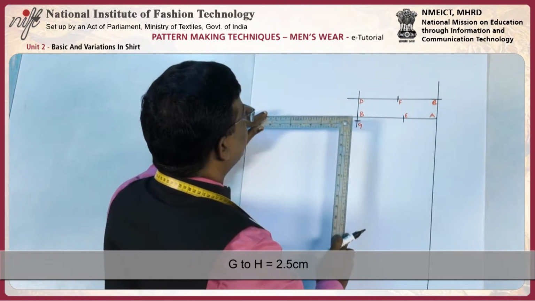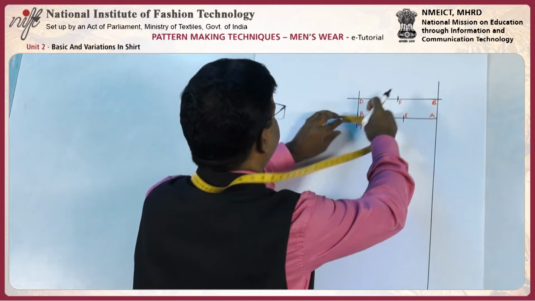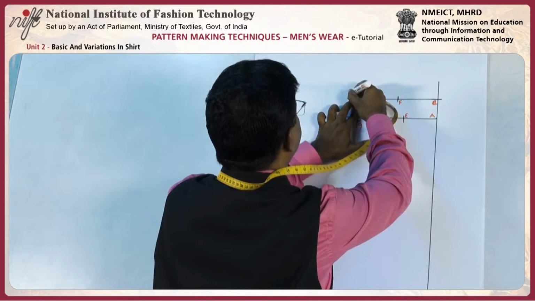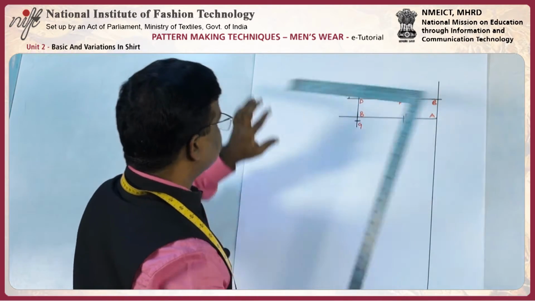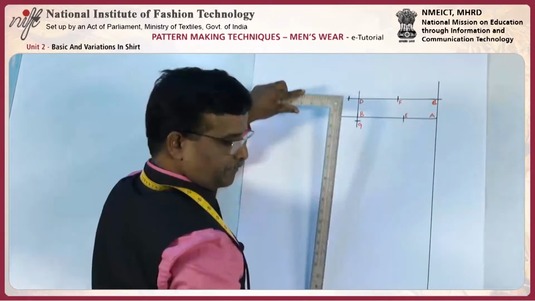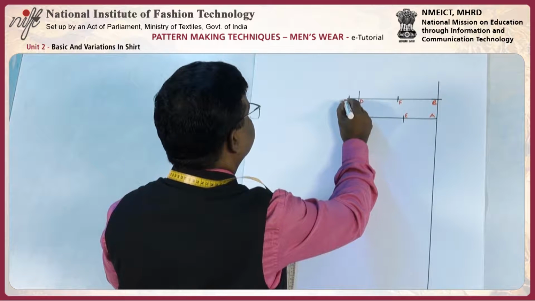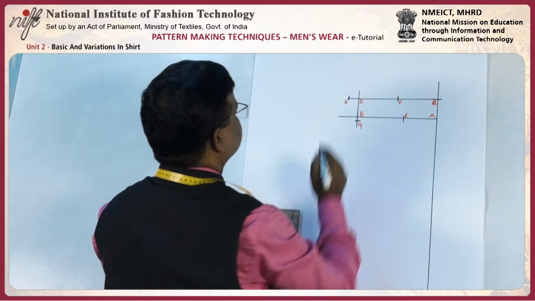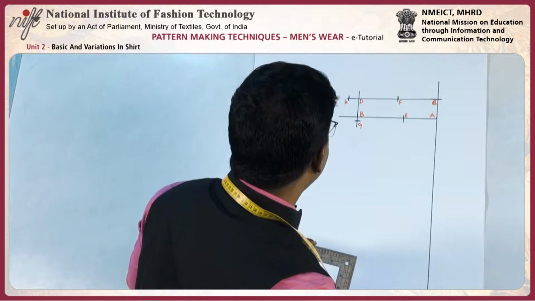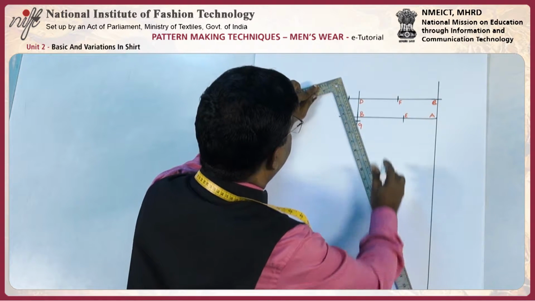D to H 2.5 centimeter. Draw a line from G passing through H and extend it.